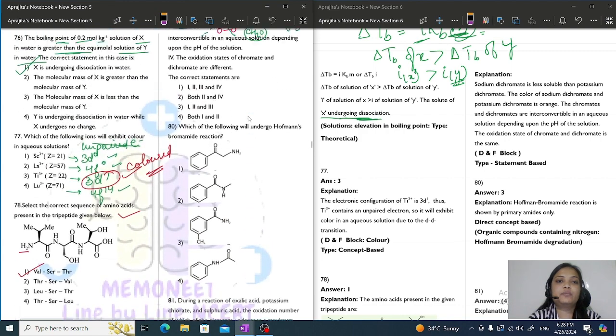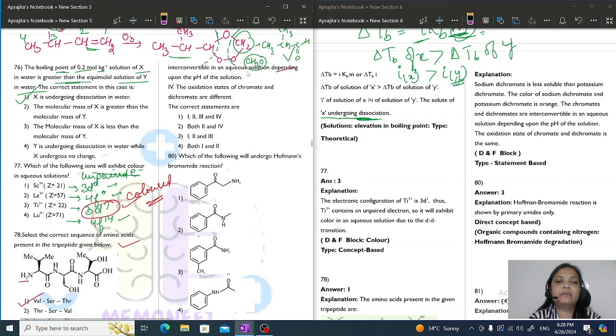Chromates and dichromates are interconvertible depending on the pH. Oxidation state of chromate and dichromate are different. This is wrong because the oxidation state of chromium in chromate and dichromate is +6 in both of them. So that's why it is not correct. So first, second and third are correct. The answer is option 3.